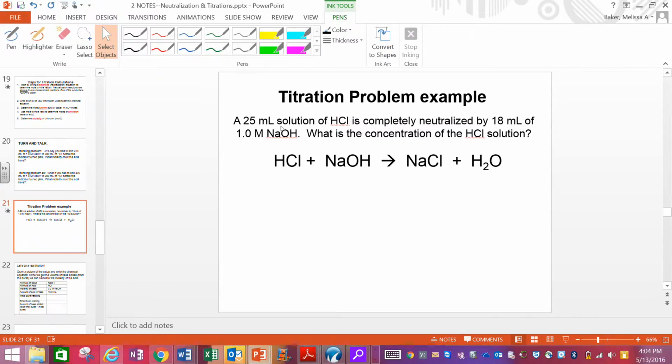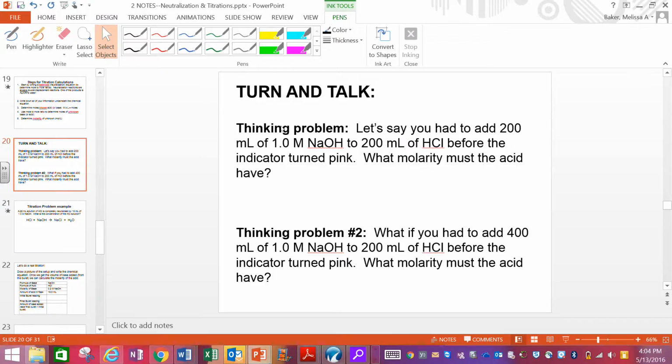Okay, let's just do a thinking one here first. Oops, go back a slide. Let's say you added 200 milliliters of a 1 molar base to 200 milliliters of an acid, and that's when it turned pink. What must the concentration of the acid be? Well, it must be 1 molar because you added equal amounts, and it's a 1-to-1 ratio.